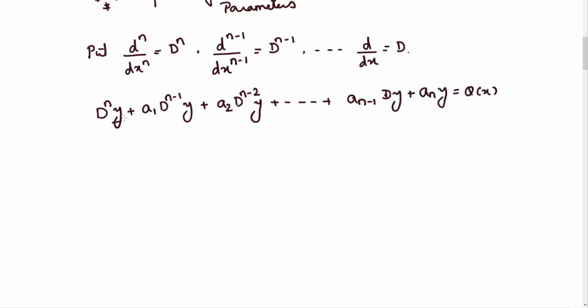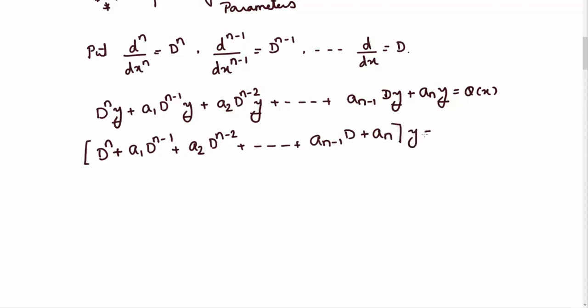Now from each and every term, as we are having y, I'll take this y common. Then that will be of the form D to the power n plus a1 into D to the power n minus 1 plus a2 into D to the power n minus 2 plus so on plus an minus 1 into D plus an, whole into y is equal to q of x.